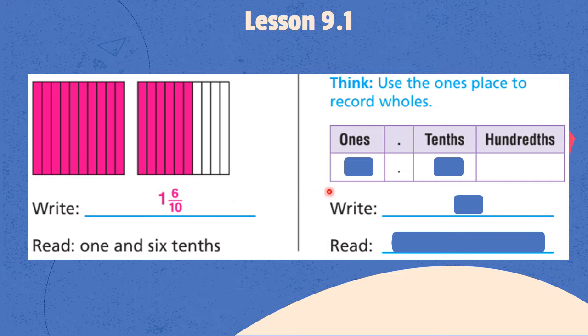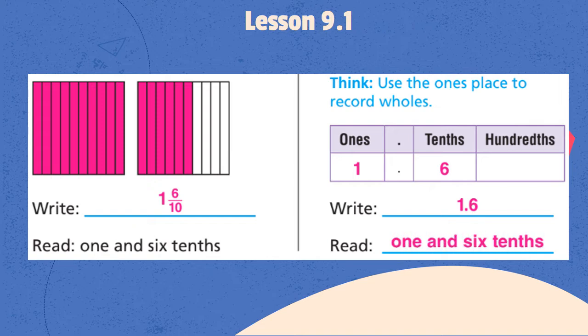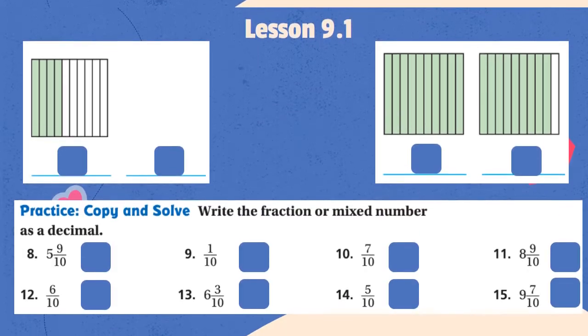Now, how about the fraction? How about the decimal? The 1 will be in the ones. So we have 1.6. And we write it as 1.6, and we read it as 1 and 6/10. Good job. You guys can rock this.